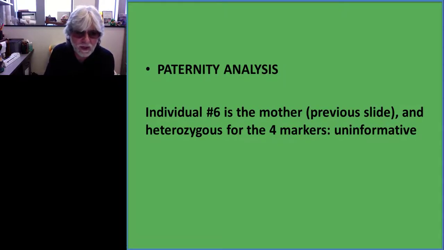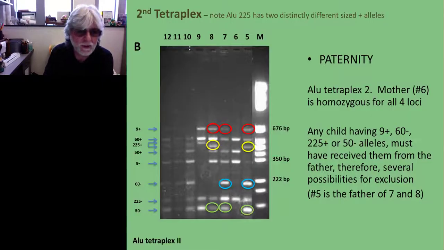Okay, so if we want to try a paternity analysis using this technique, individual number 6 again is heterozygous, so uninformative, because you can't tell if you got that band from the mother or the father. So here's a second tetraplex I developed, and again, number 6 is the mother.